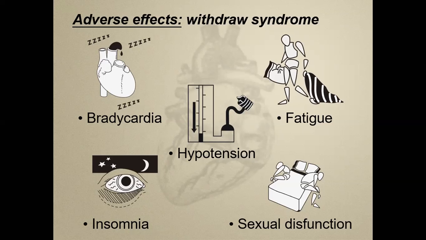Withdrawal syndrome as a side effect. When patients stop taking these drugs, in this situation there will be acceleration of tachyarrhythmia. If we treat ischemic heart disease, there will be an attack of stenocardia. If we treat hypertension, there will be a hypertensive crisis.